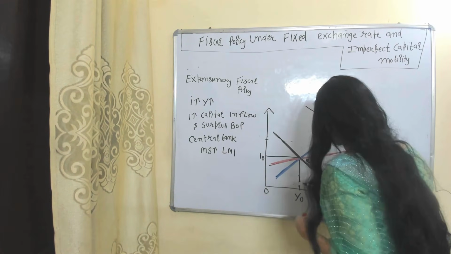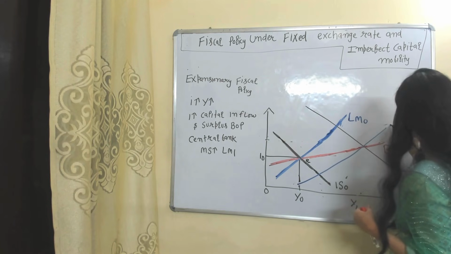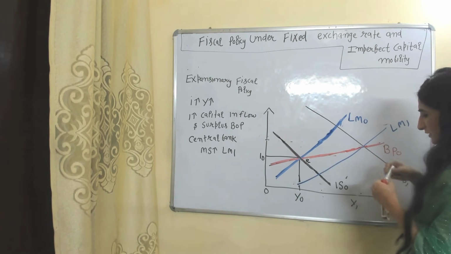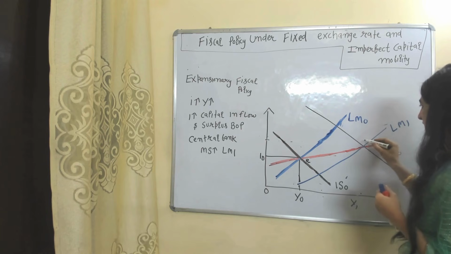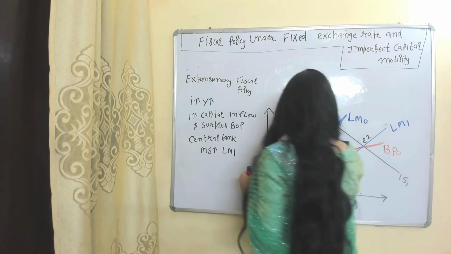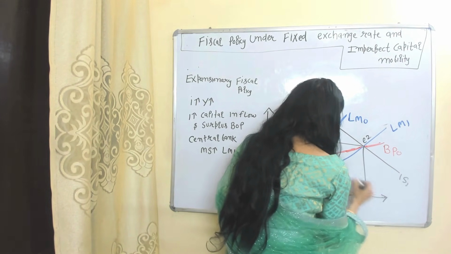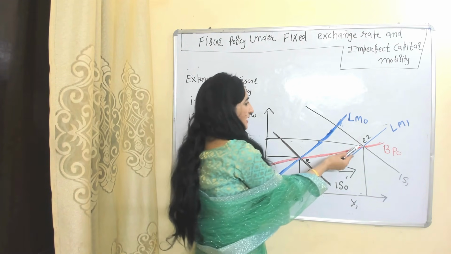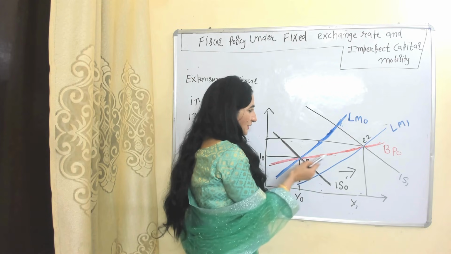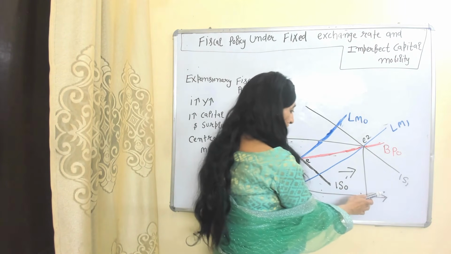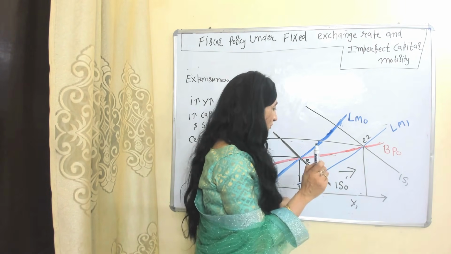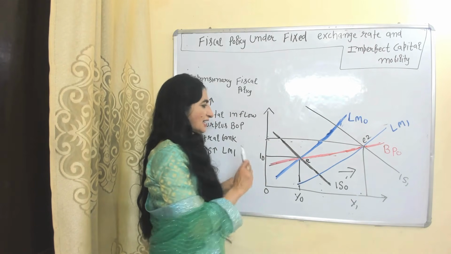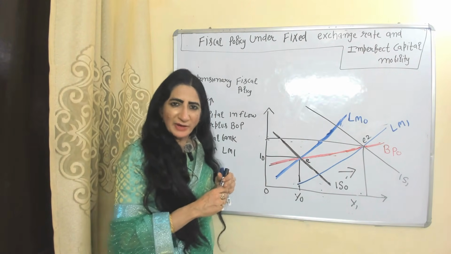As the central bank increases money supply, LM shifts rightward, and this is our new equilibrium point. So here you can see interest rate and income both increase. Here you can clearly see this point is better than this point because at this point our income has increased so much. So we can say that in this case our fiscal policy is effective.